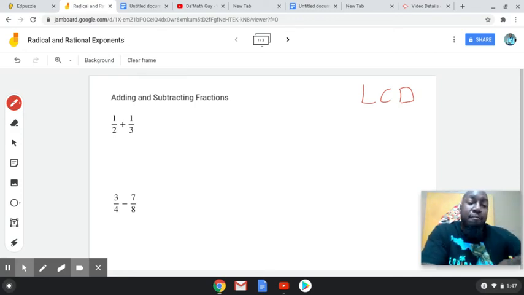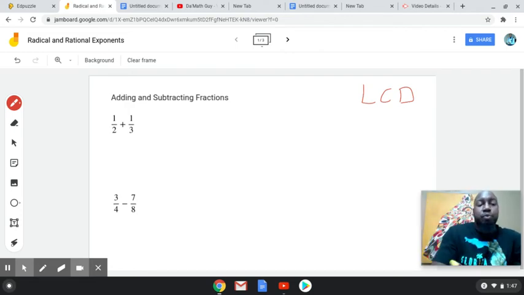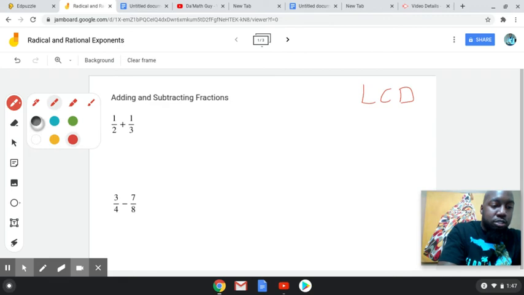Now, they have many multiples in common. They have 6 in common, 12 in common, 24 in common. Well, which multiple was the lowest? It was 6. So we are going to change both denominators to a denominator of 6.